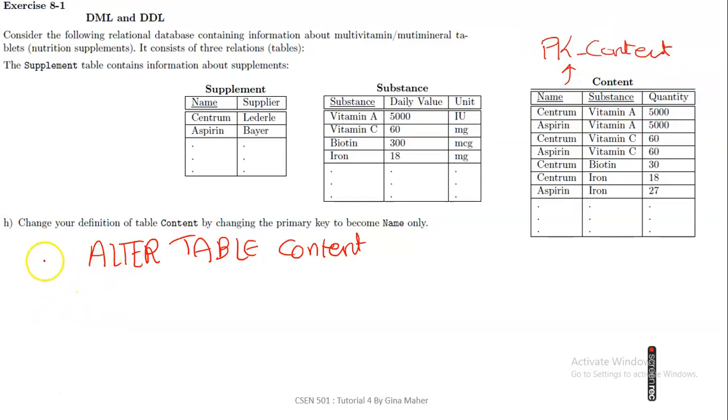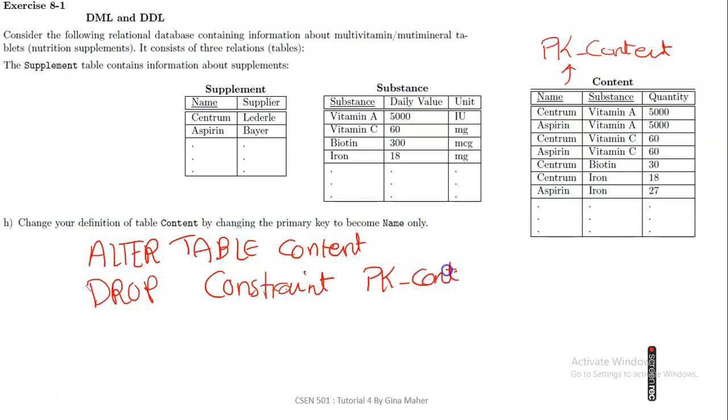In F, when we defined the table, we made a constraint called primary key content that consists of name and substance together. So we are going to drop this constraint. Okay, now we dropped this constraint and we are going to make another one.